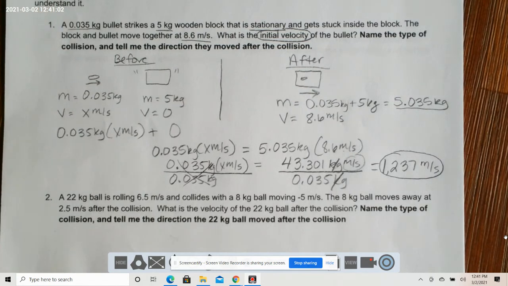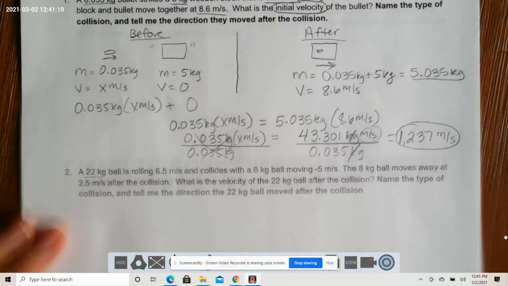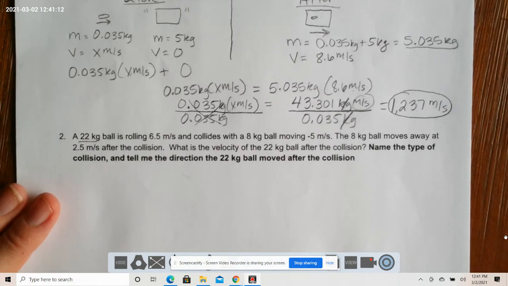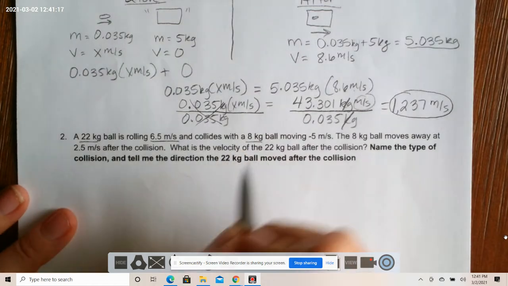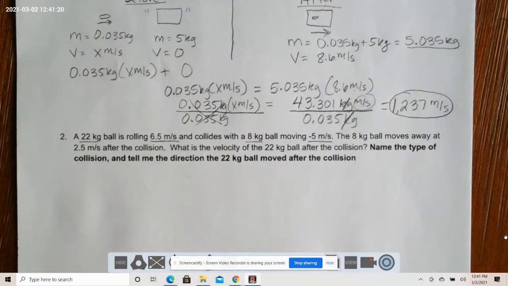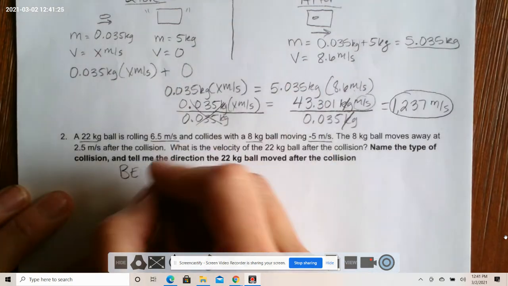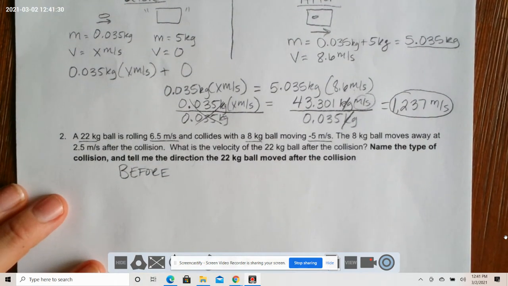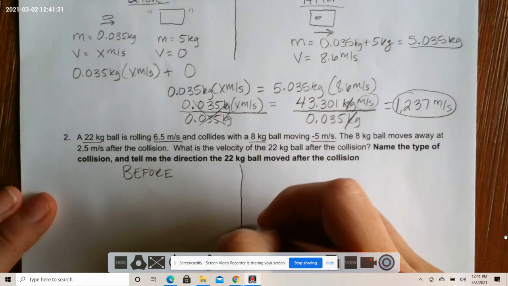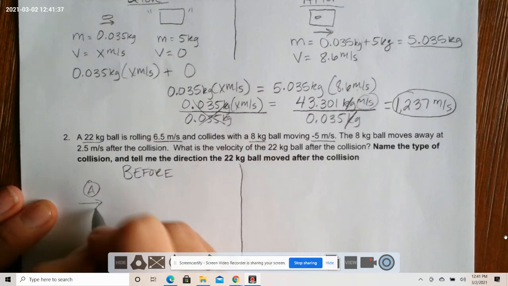So a 22 kilogram ball, I don't know if you guys can see it very well, so let me move it up a little bit, is rolling 6.5 meters per second and collides with an 8 kilogram ball moving negative 5 meters per second. So that's before. Let's set up the before. Okay, so before the collision, we have ball A, we'll say, and we know it's rolling 6.5 meters per second, so it's positive, so it'll be going to the right.